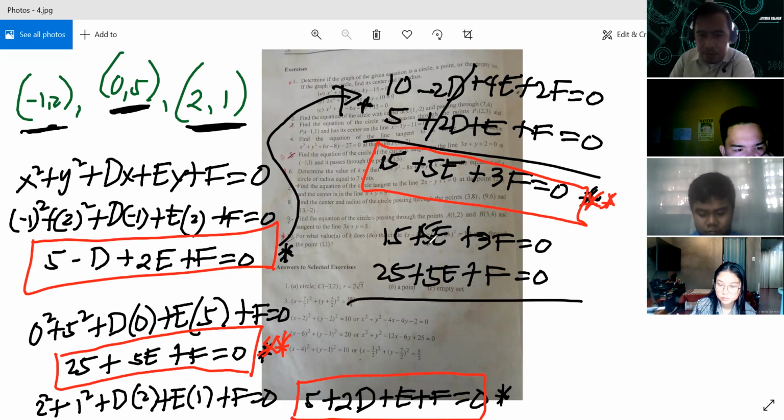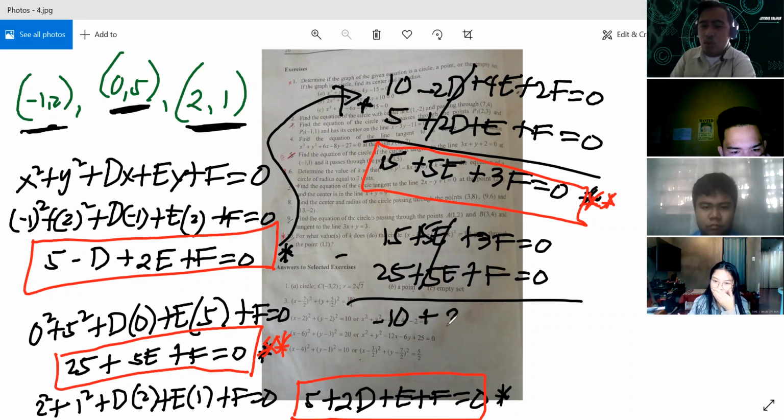Since they have now the same numerical coefficient in e, then you can combine them so that it will be eliminated. Since their signs are the same, you subtract. So if you subtract this, it becomes negative 10. This becomes 0. And this will be plus 2f. Right?